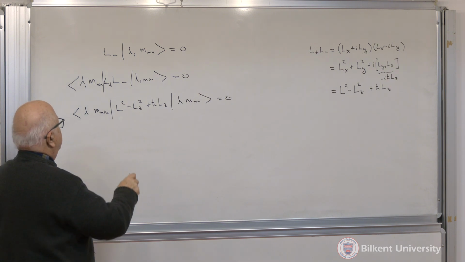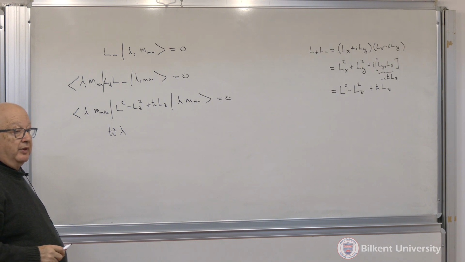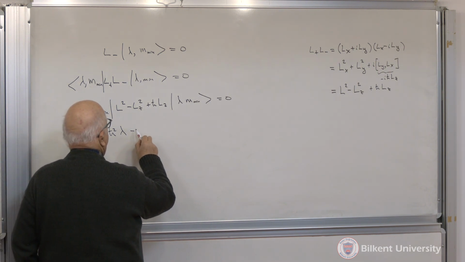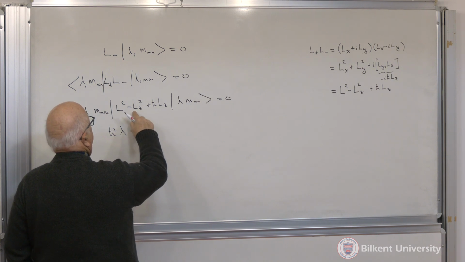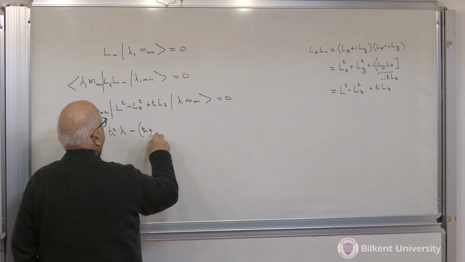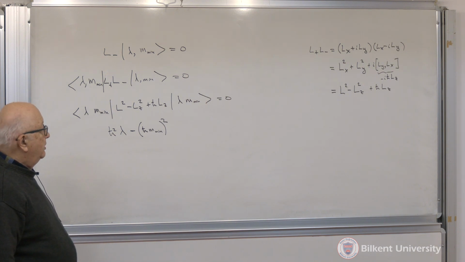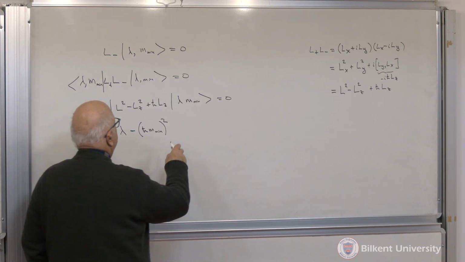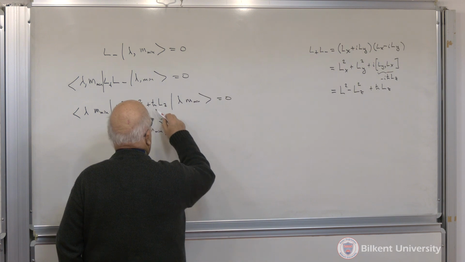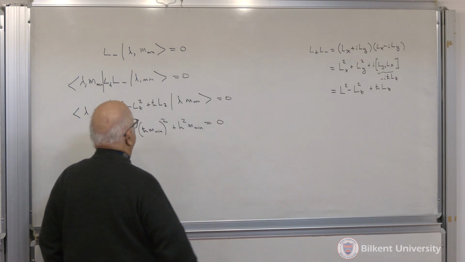Again, I get h bar squared times lambda for L squared, minus Lz squared, which gives h bar times m minimum, squared, plus h bar times another h bar, m minimum, is equal to 0.